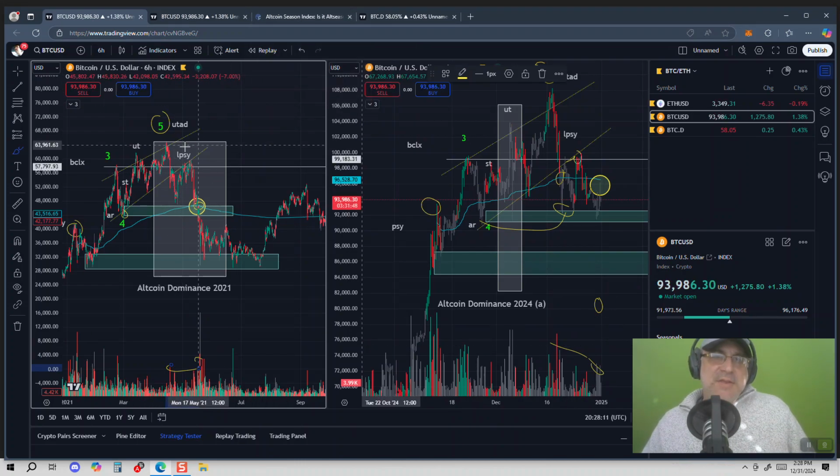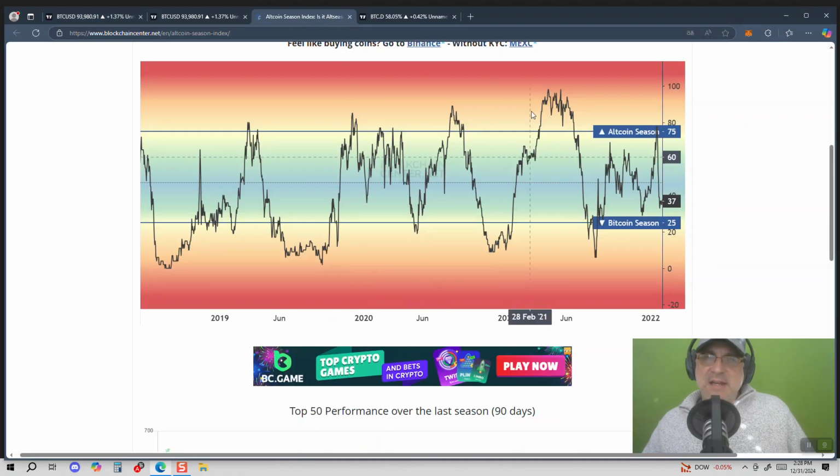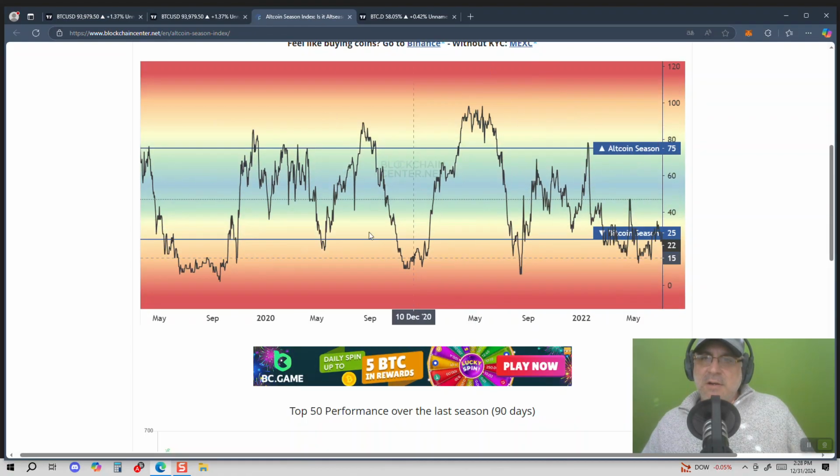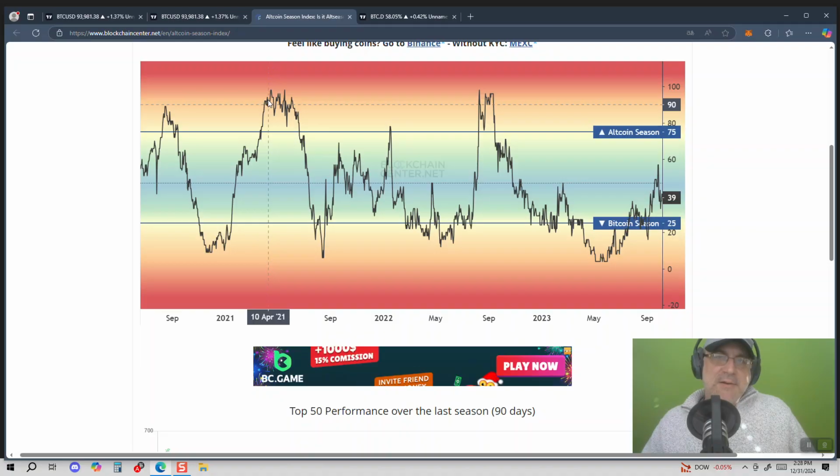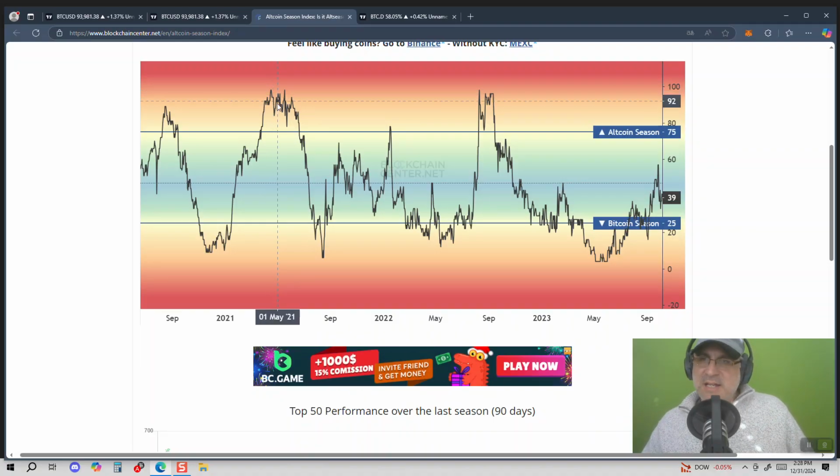Now, this is for 2021, and you see this 3-month period or window here where altcoins had their dominance from about the beginning of May to the end of June, about 3 months. And we see that would be this area here, where the altcoin index is above 75.